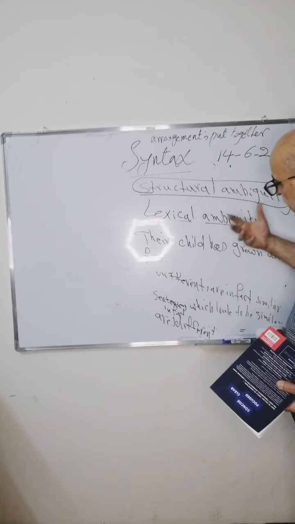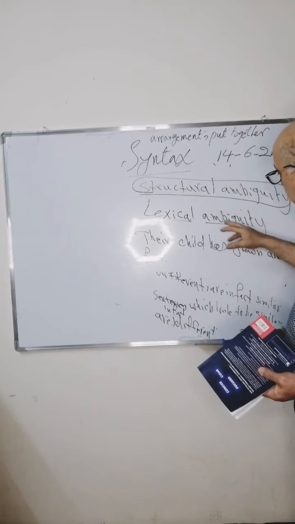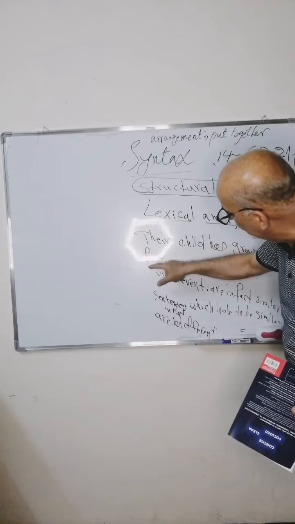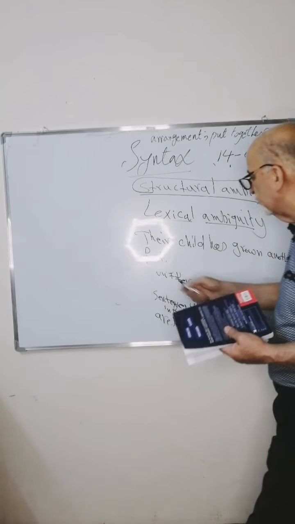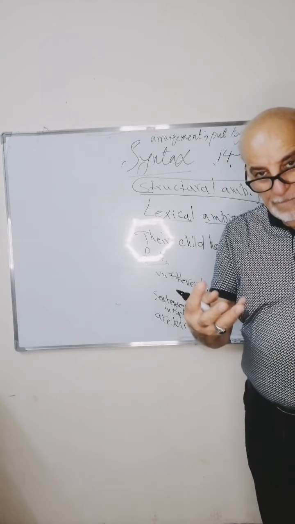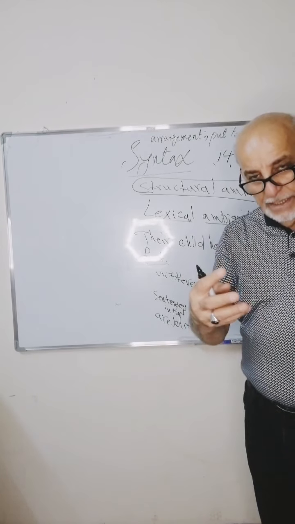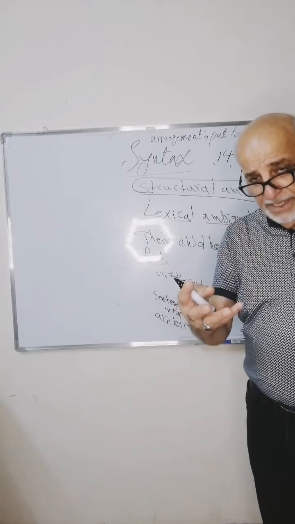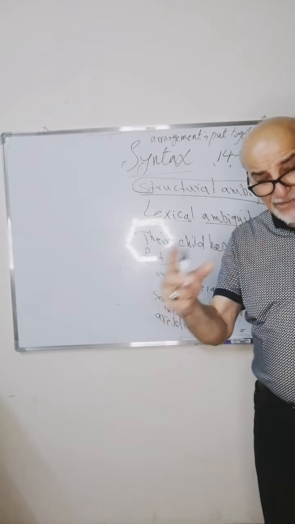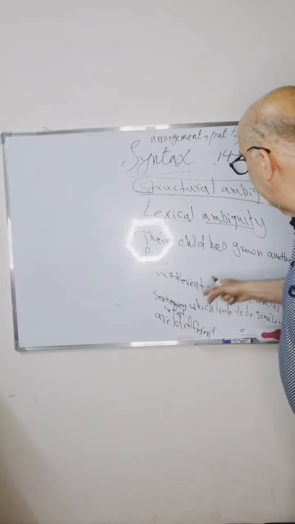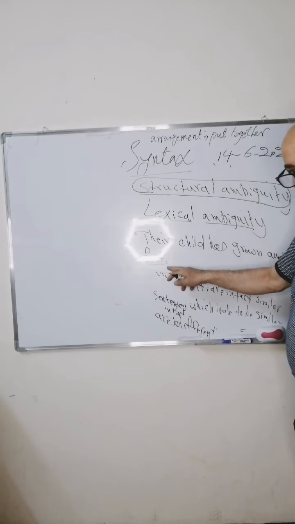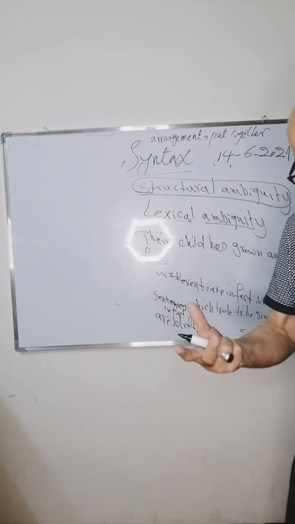يعني شنو lexical ambiguity؟ Lexical ambiguity يعني لبس أو غموض because of the meaning of the word, which is this. هذا الفوت has more than one meaning. So because it has more than one meaning, this sentence is going to have two different meanings. يعني من أقول their child has grown another foot. هذا الفوت, what does it mean?